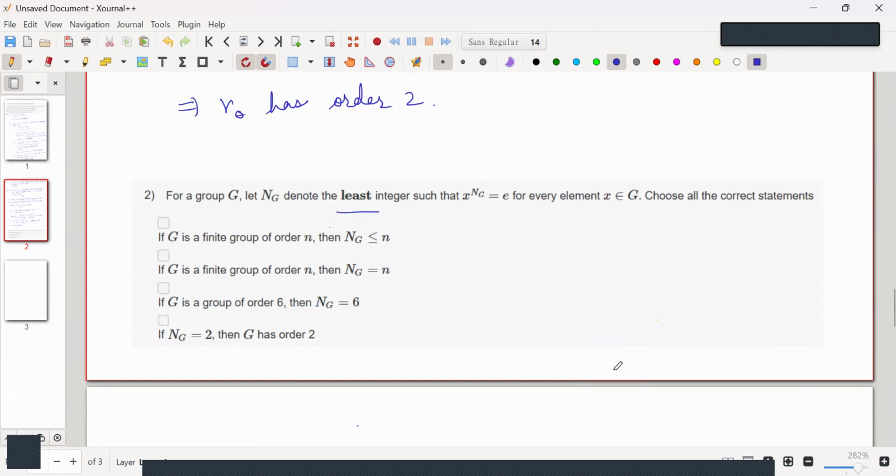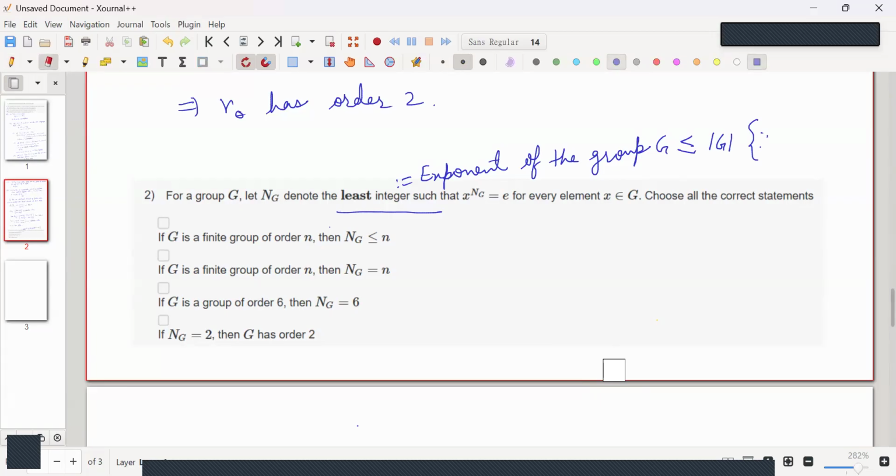So this is called the exponent of the group G. And this is always less than or equal to the order of G, provided, of course, your G is finite.